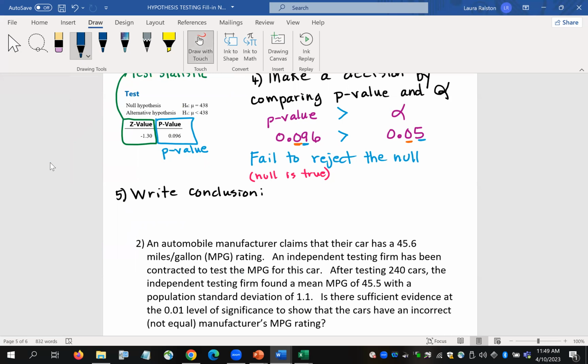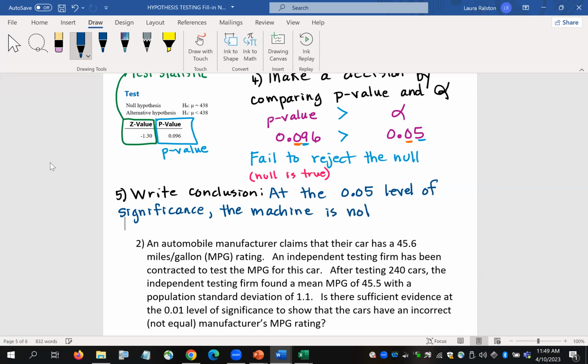So I'm going to say at the 0.05 level of significance, the machine is not underfilling the bags at the 438 gram setting.